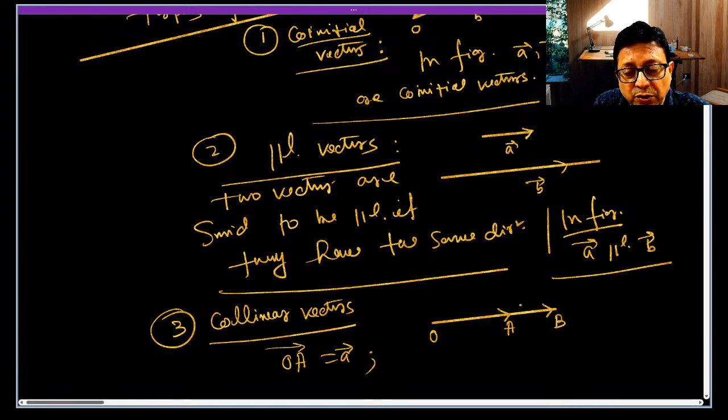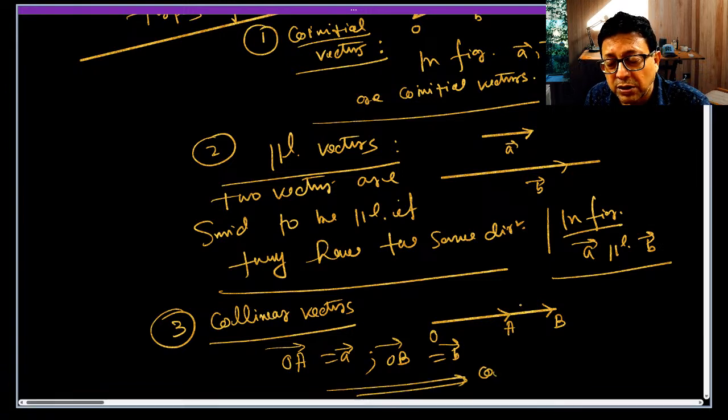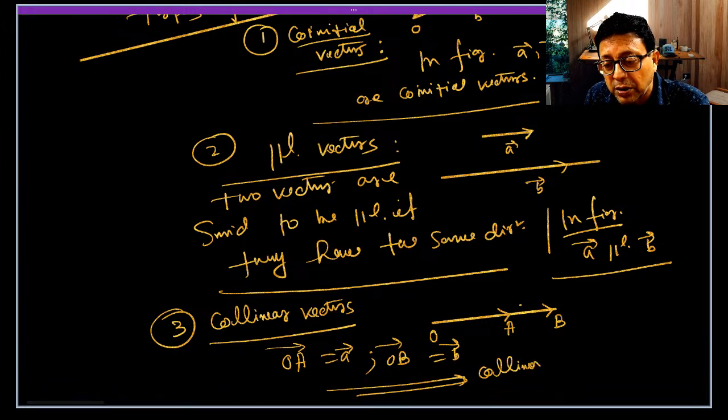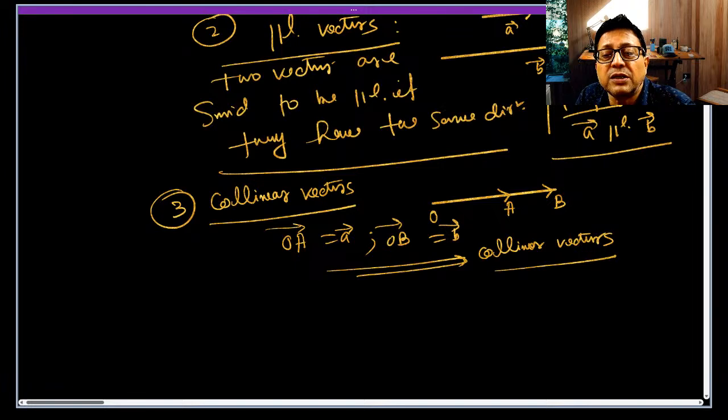This OA vector equal to A and OB vector equal to B, they are called collinear vectors. These two vectors are collinear, vector A and vector B. What are those vectors? OA and OB.